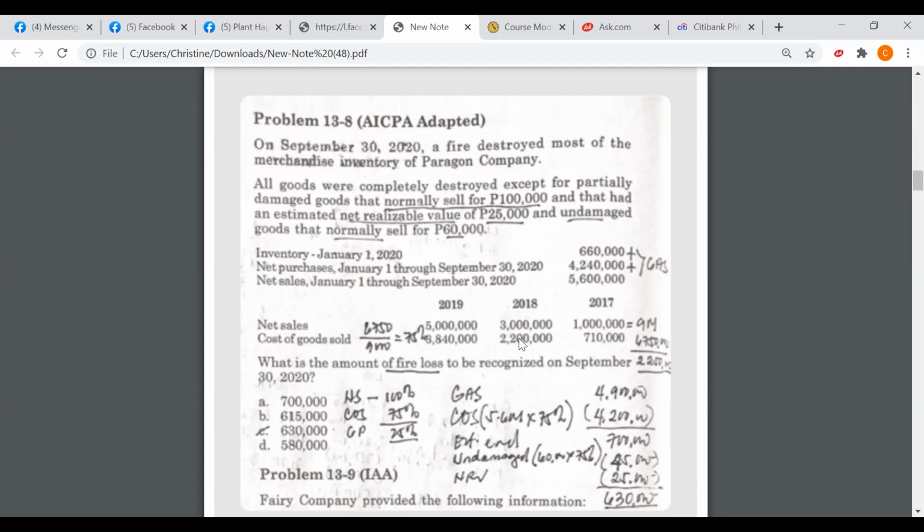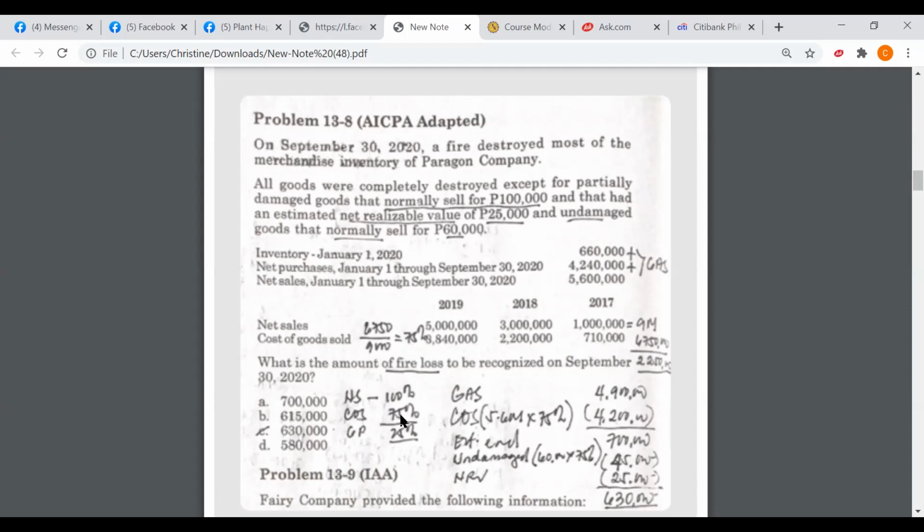But if there is no trend, meaning the company is just using the average percentage. When you say average percentage, you just add the 3 net sales and the 3 cost of goods sold. So your COS rate is 6,750, the total of these 3, divided by your net sales. That makes your COS rate.